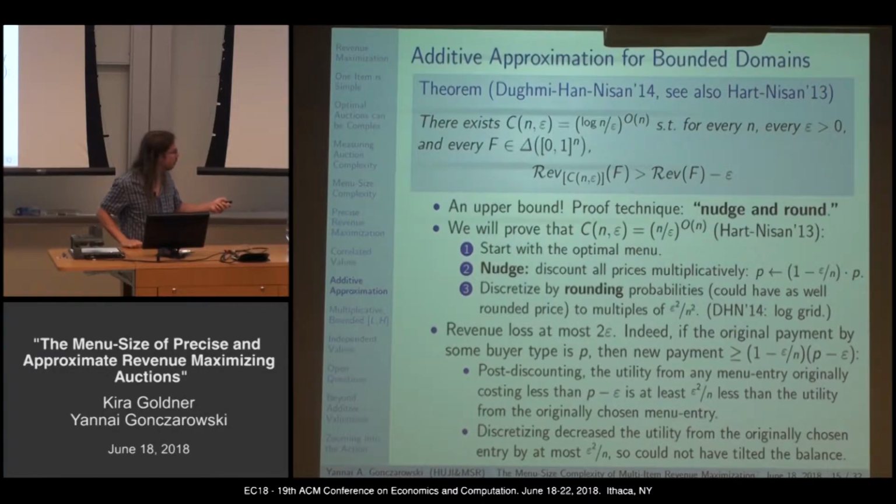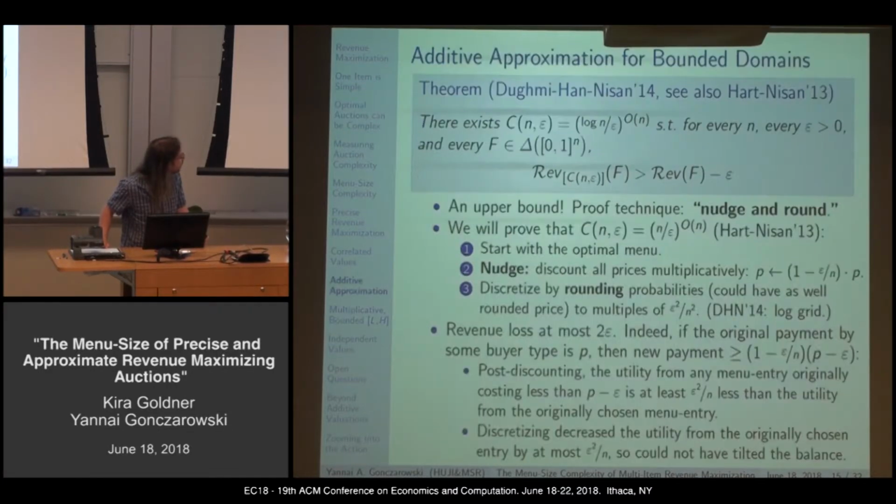So our overall loss, instead of p, we have p minus epsilon, something that originally cost at least p minus epsilon, times the multiplicative nudge discount. That's it. That's the proof. That's nudge and round. That's the most detailed proof that you're going to see in my talk, unfortunately.